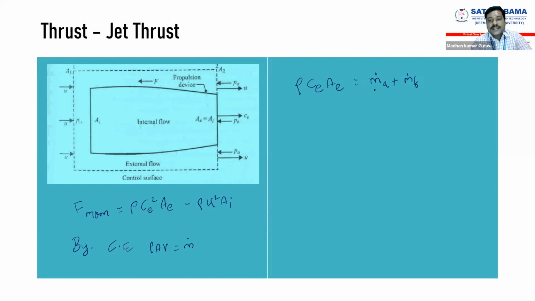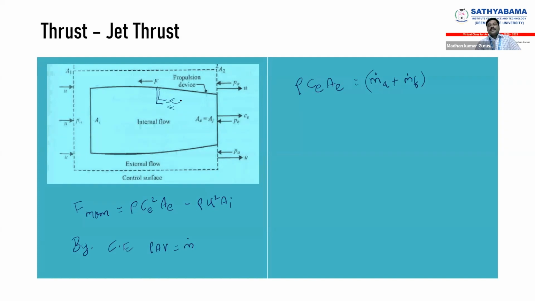Since in the jet engine we are considering two mass flow rates at the exit, that is mass flow rate of air plus mass flow rate of fuel, because inside the jet engine you are going to spray the fuel, where all the fuel is getting burned, and then the mass flow rate of fuel is getting added up where heat is released. So finally what is your mass flow rate?